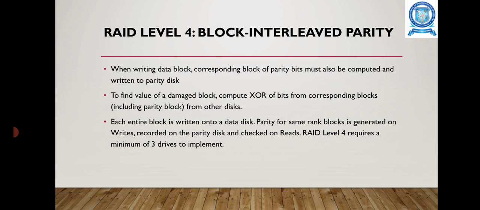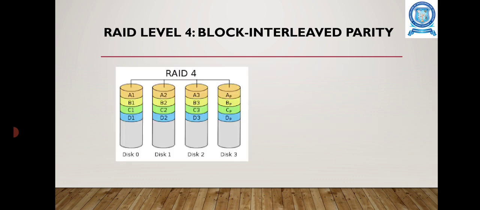Each entire block is written onto the data disk. Parity for same rank blocks is generated on writes, recorded on the parity disk and checked on read. RAID level 4 requires a minimum of 3 drives to implement. This is a diagrammatical representation for RAID level 4.